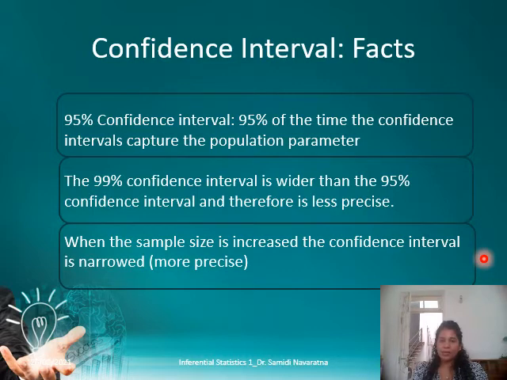When a range is wider, the precision drops. Then when the sample size is increased, the confidence interval is narrowed and therefore it becomes more precise. These are some important facts that you have to keep in mind.